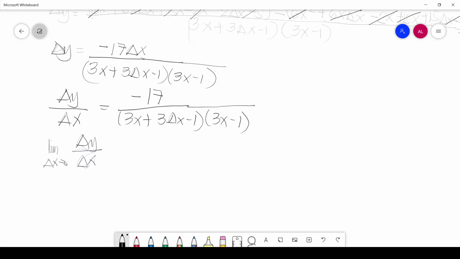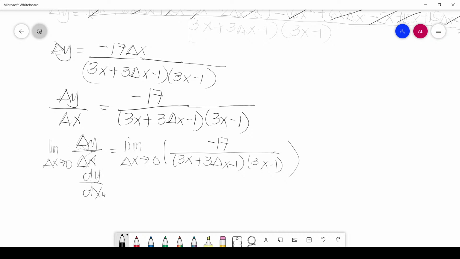Limit of delta x approaches 0. Okay, again, this is equivalent to dy over dx.